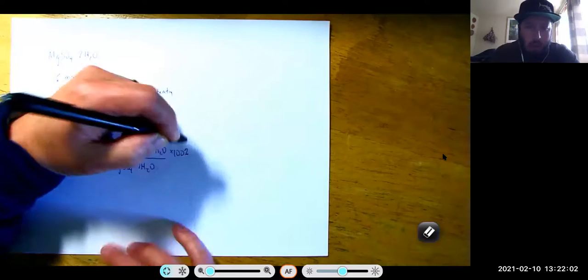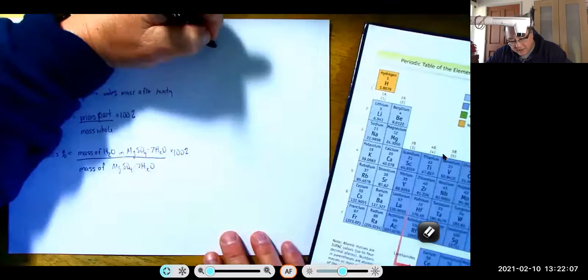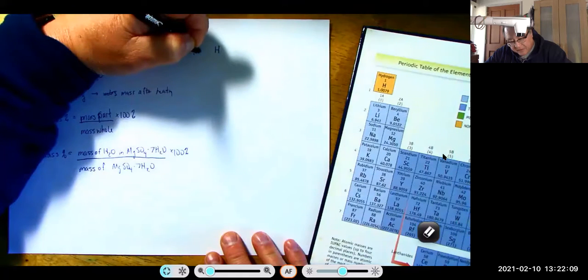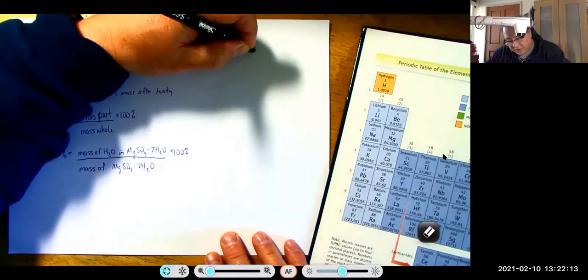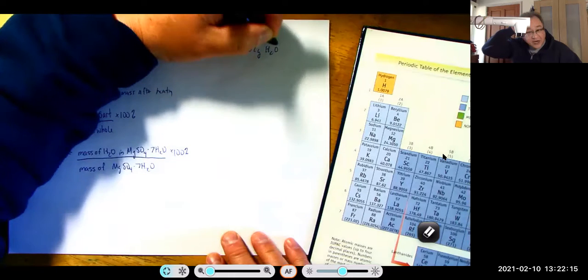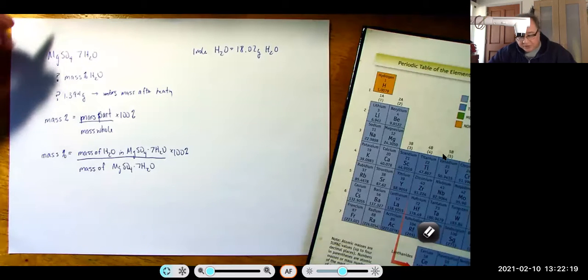So let's find some numbers here and figure out these things. I know that 1 mole of H2O is 18.02 grams of H2O because each hydrogen is 1.01 and oxygen is 16.00.